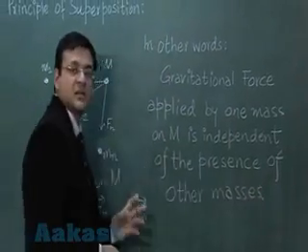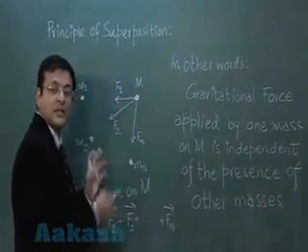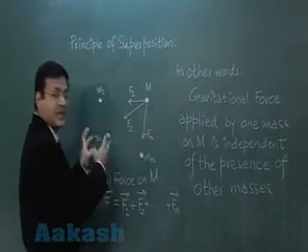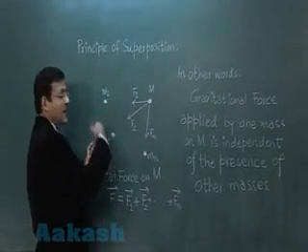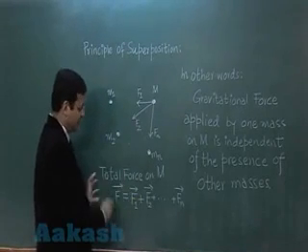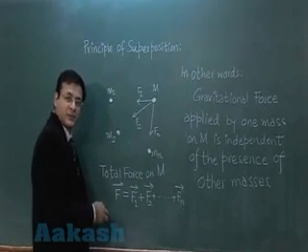One mass means M1, other masses means M2, M3, M4, Mn, or maybe if you are considering M2 as one mass, then other masses are M1, M3, M4 and so on. This is another way of expressing this principle of superposition.